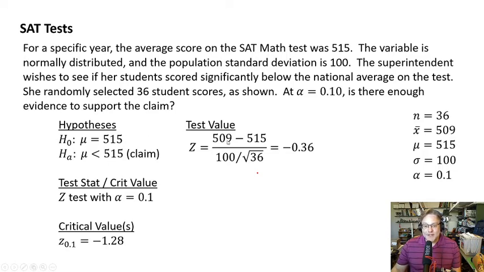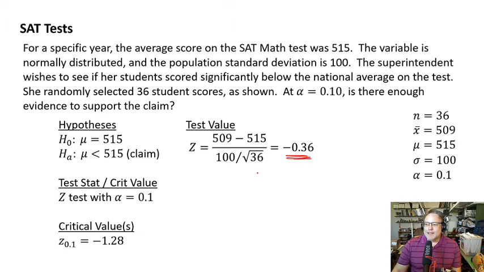So this is the difference between the sample mean and the theorized population mean. We're going to divide that by this standard error here, the population standard deviation divided by the square root of 36. Again, make sure you do this first on your calculator, write it down, find out what this is, write it down, take this divided by this to get your answer here.